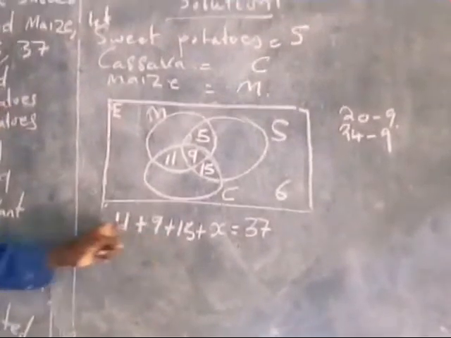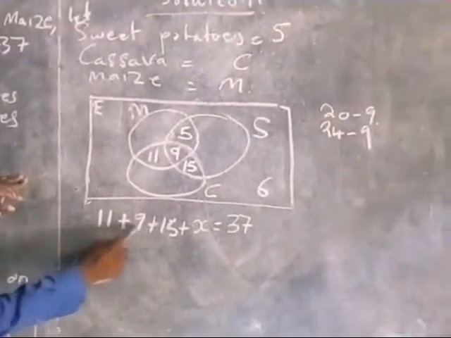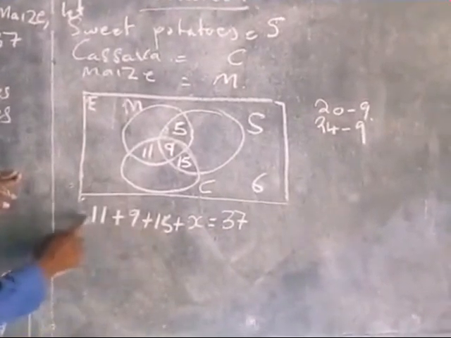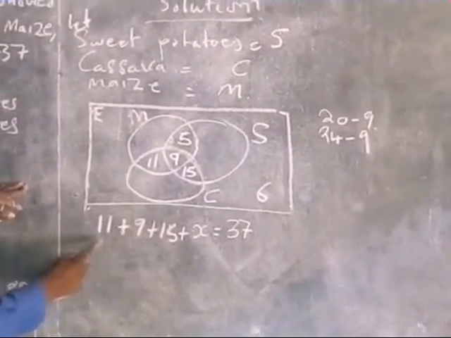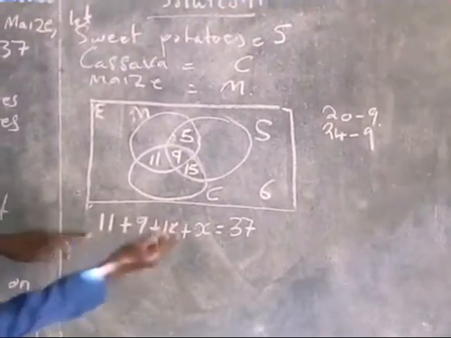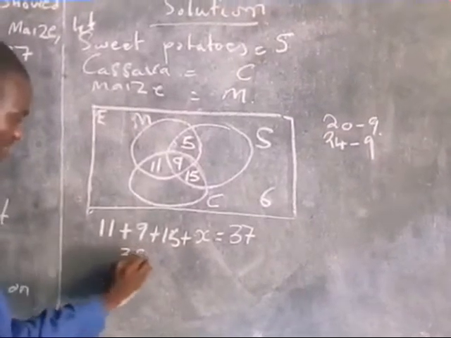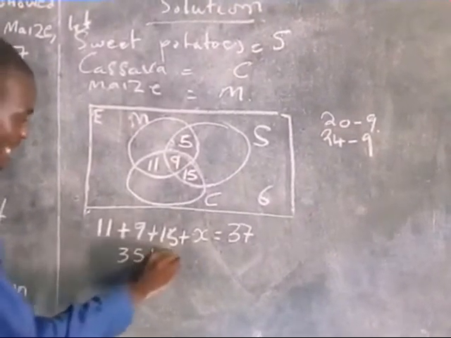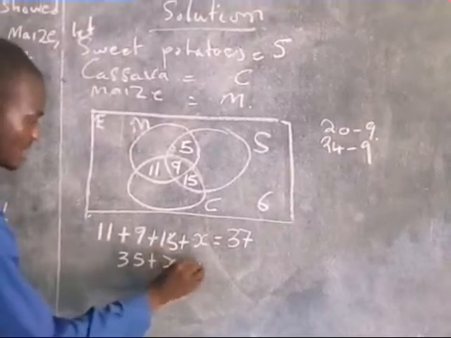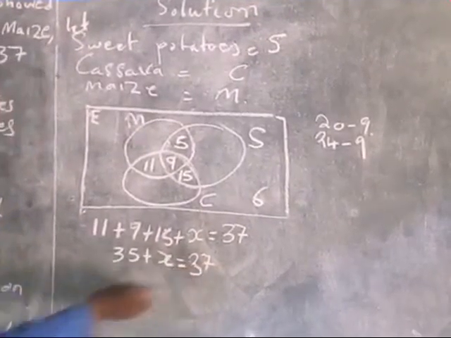So we need to add this: 11 plus 9 plus 15. So 11 plus 9 is 20. 20 plus 15 is 35. So we already have 35 plus x is 37. Okay?